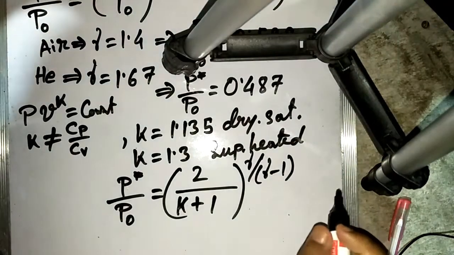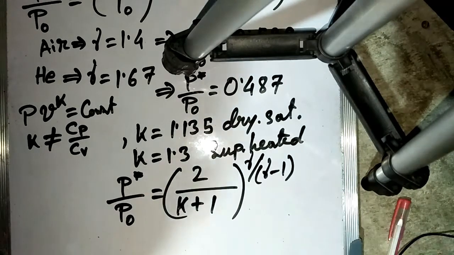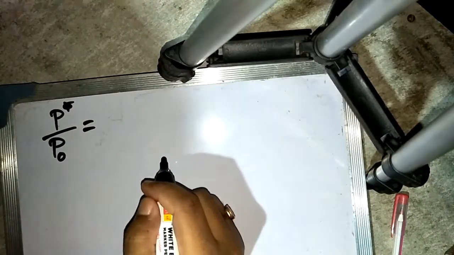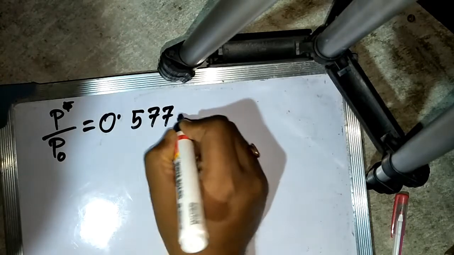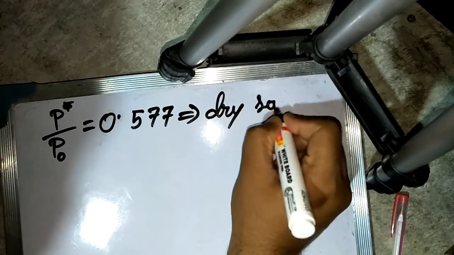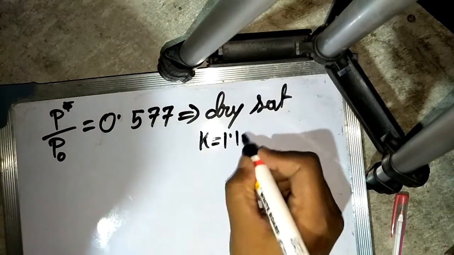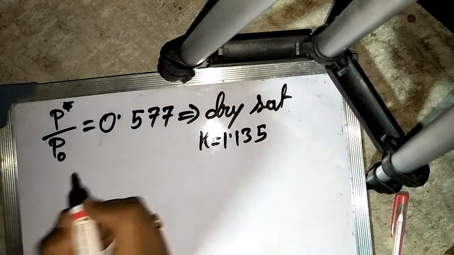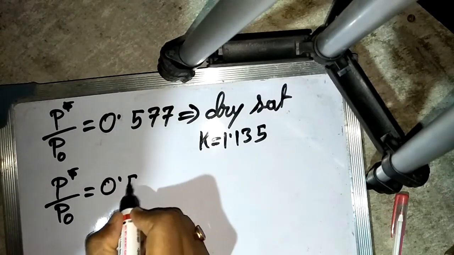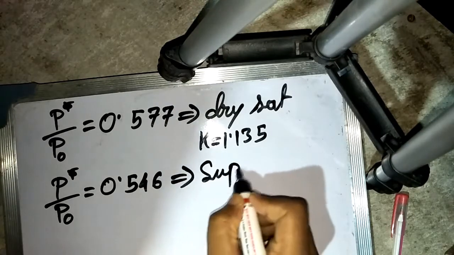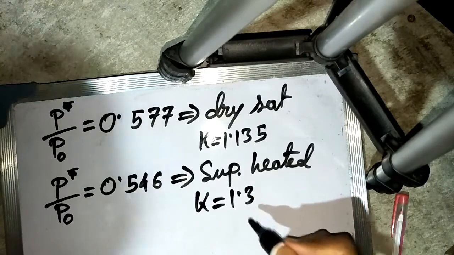Now the value of P star by P0 in case of dry saturated steam is 0.577, with K equal to 1.135, and in case of superheated steam the value of P star by P0 is 0.546, with K equal to 1.3.